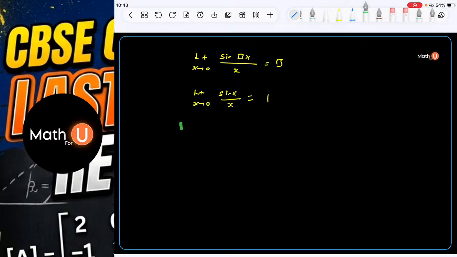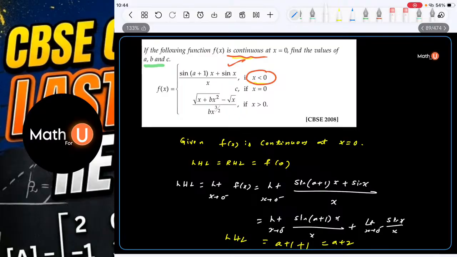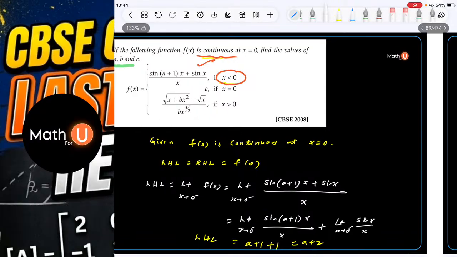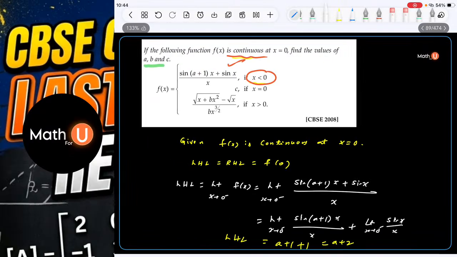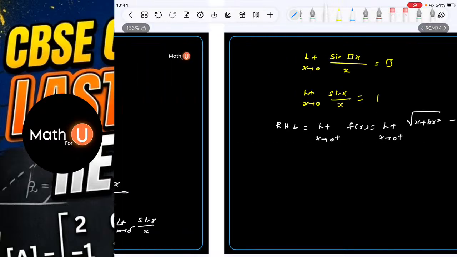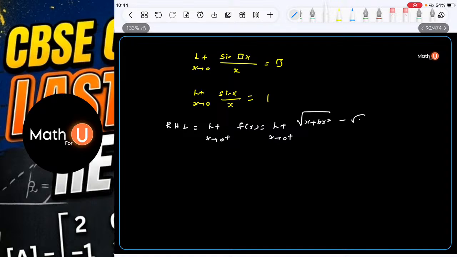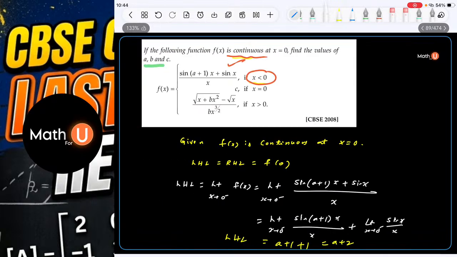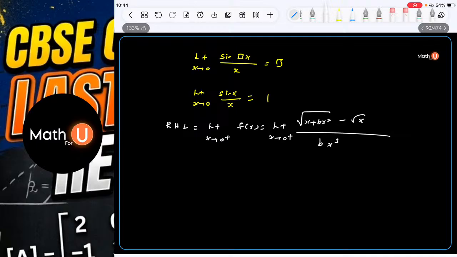Right hand limit is equal to limit x tends to 0 plus f of x, that is equal to limit x tends to 0 plus, what is f of x for right hand limit? This is our function: square root of x plus bx square minus square root of x, by b into x power of 3 by 2.